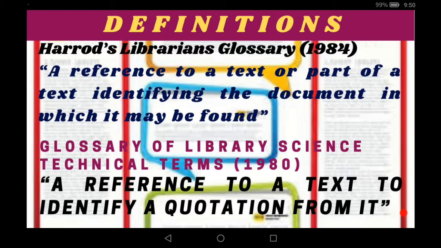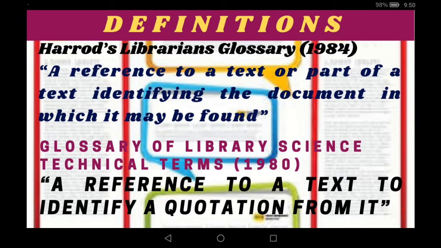Though there is a technical fine difference between a citation and a reference, by and large we can treat them the same, especially in research methodology. So Harrod's Librarians' Glossary says a reference to a text or a part of text identifying the document in which it may be found.